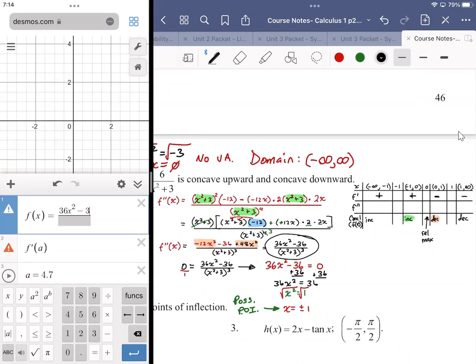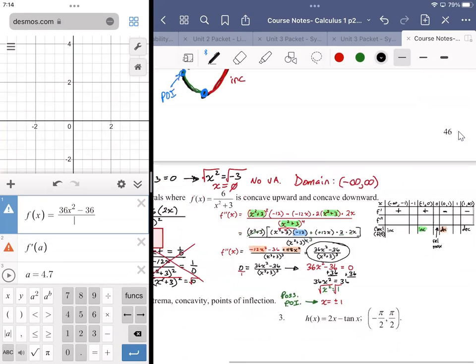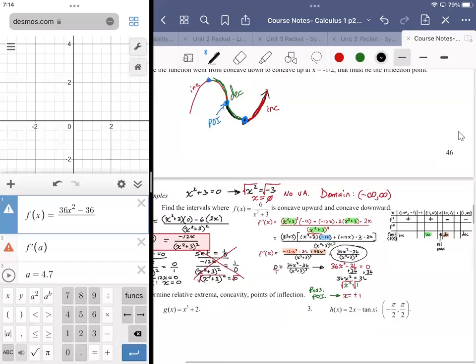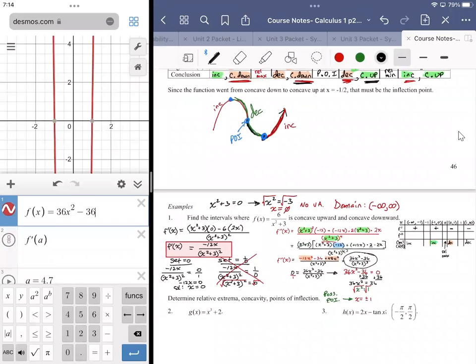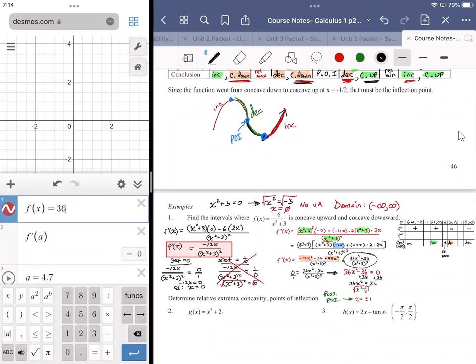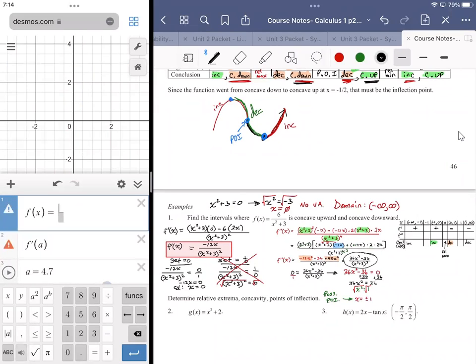So we put the original function in. I'm sorry, we put our first derivative function in. Oh, that's the problem. First derivative function, not second derivative. Dingus. So I put my first derivative function in.